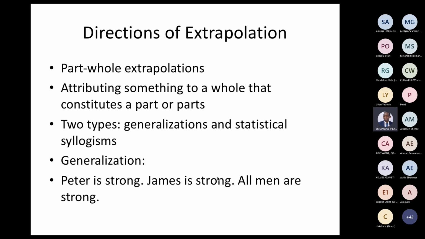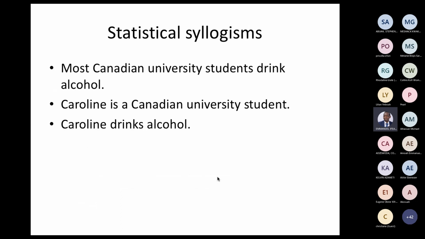Now, generalization, this is an example. Peter is strong, James is strong, all men are strong. So that's a generalization. And then the other part-whole argument, we'll call the statistical syllogism.